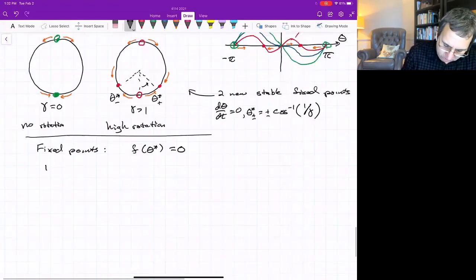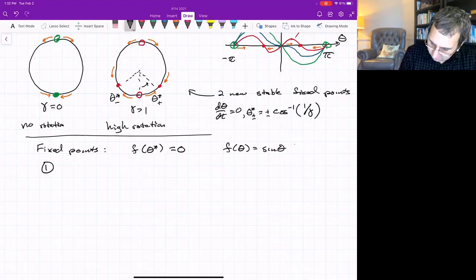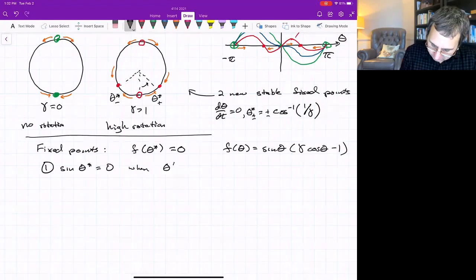So there's two categories. We already could see graphically, this is F of theta equals sine theta times gamma cosine theta minus 1, just repeated from up there. So sine theta star equals 0 when theta star equals 0 or theta star equals plus or minus pi.